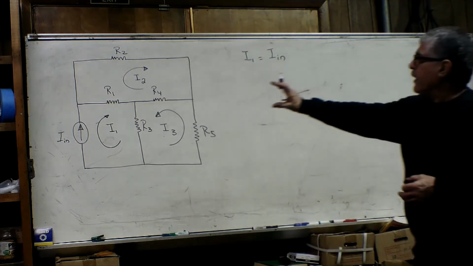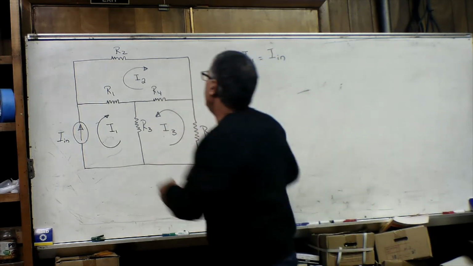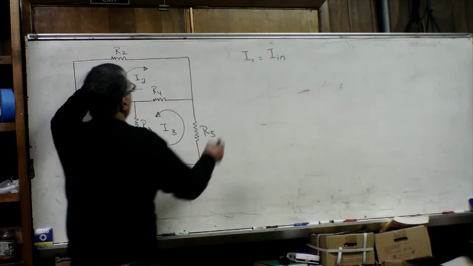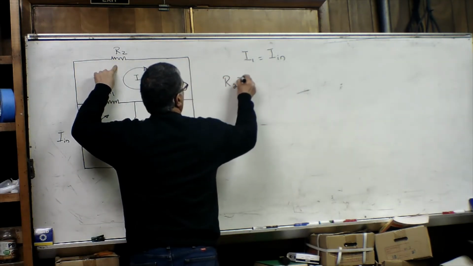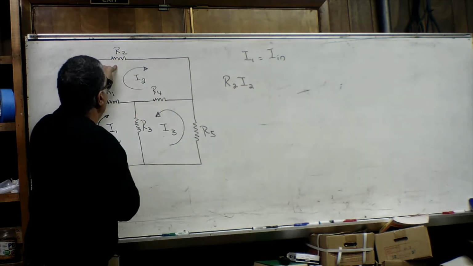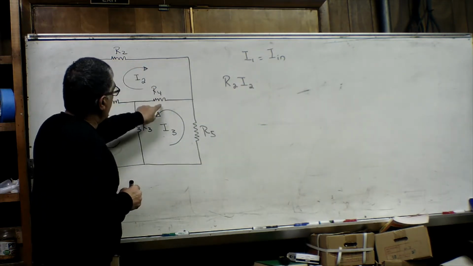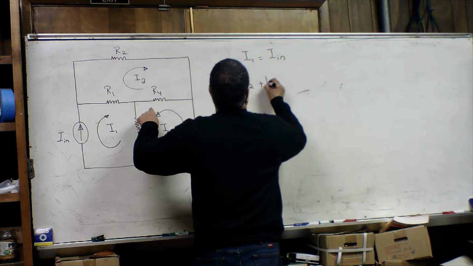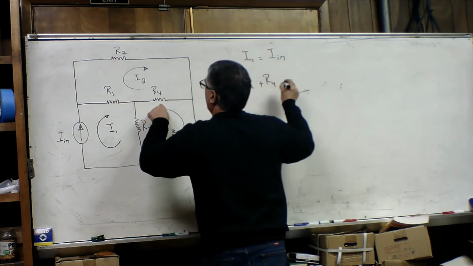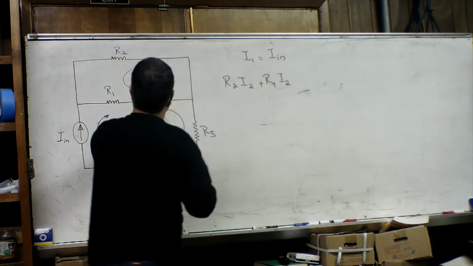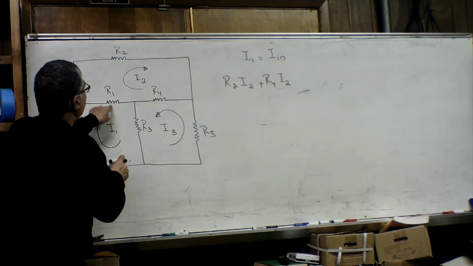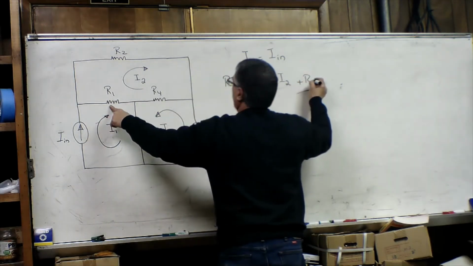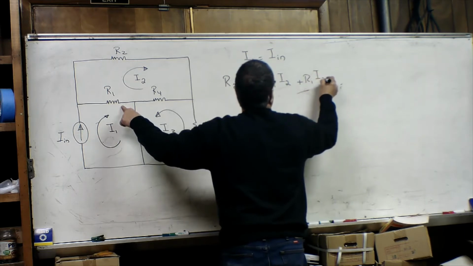Now, if we look at the second loop right here, the voltage that goes across this resistor can be written as R2 I2, and the voltage across this resistor by I2 will be plus R4 I2, and the voltage across this resistor by I2 can be written as plus R1 I2.